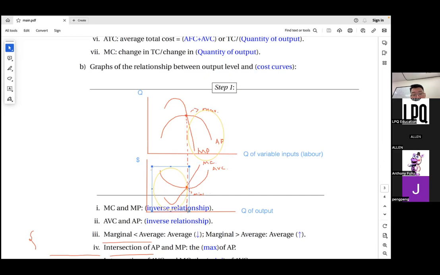Same thing here, right? When the marginal MC, to be more specific this time, is lower than the average variable, your average variable must be decreasing again.